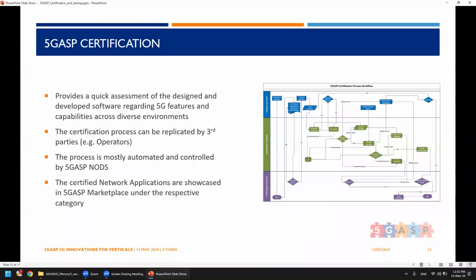We employ a somewhat zero-touch principle here, because we don't want human intervention within the 5GASP process. And what we foresee is that all the applications that have successfully passed the certification will be showcased in the 5GASP marketplace under the respective certified category.